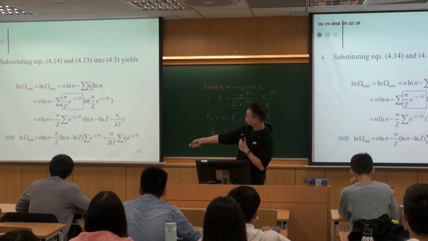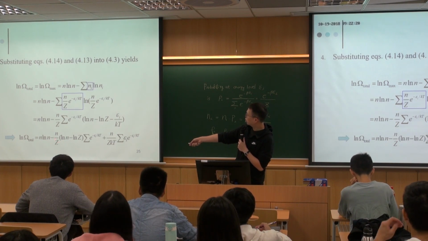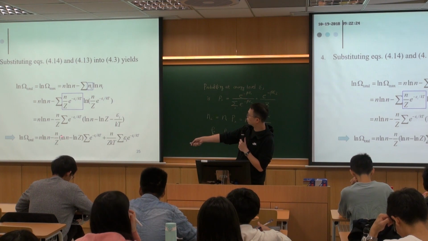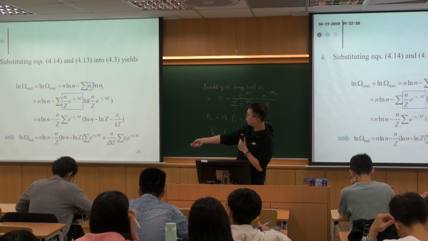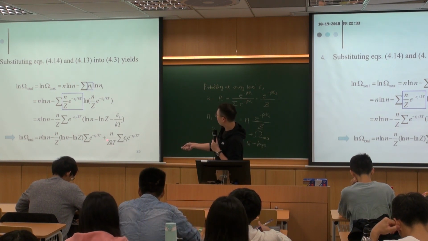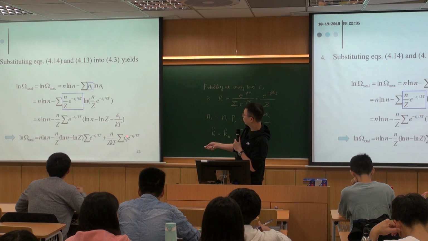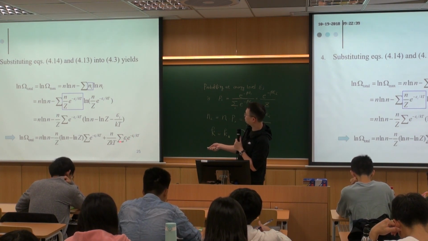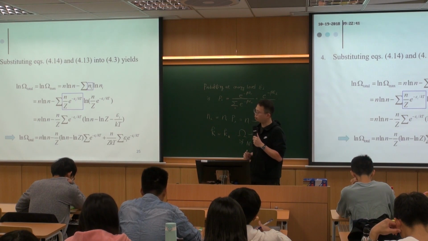And we have a z over here. So eventually, these two terms will cancel out, the first two terms. And then we'll have this remain, and something with n log z. And the last term is related to the sum over all the energies in the system. So we know that this must be related to the internal energy.